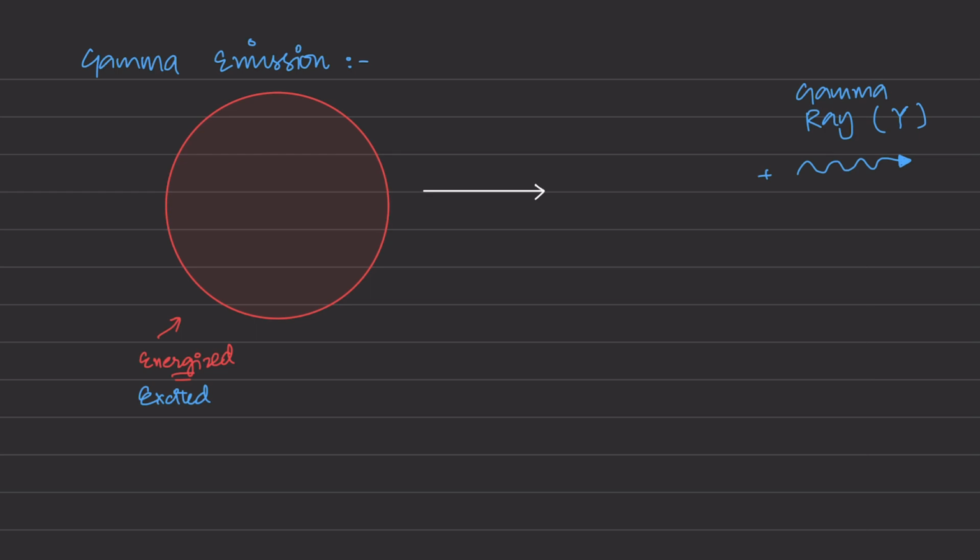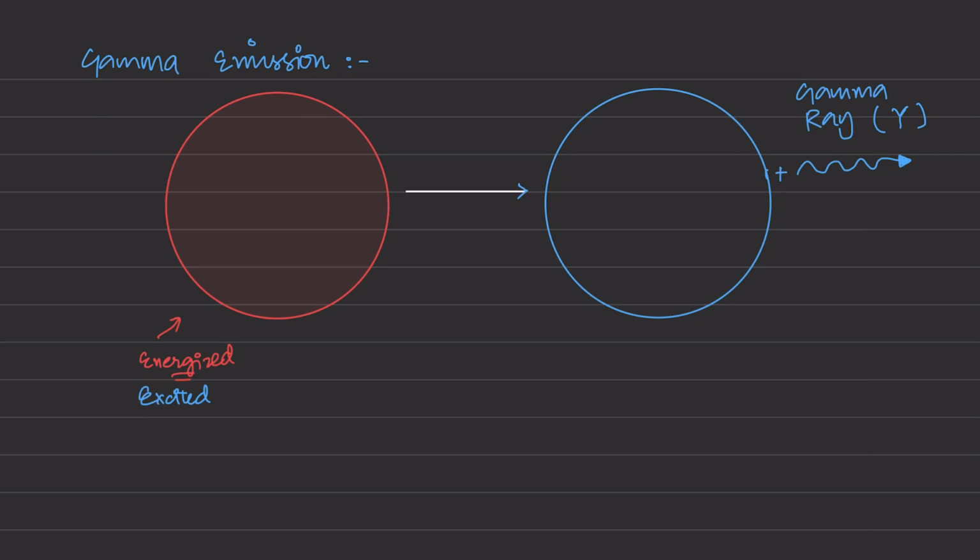Previously, this parent nuclei was excited, right? In this case, it won't be that much excited. It is just now going to be simply like this. So what does that mean for our equation?